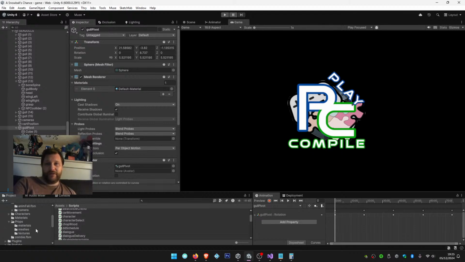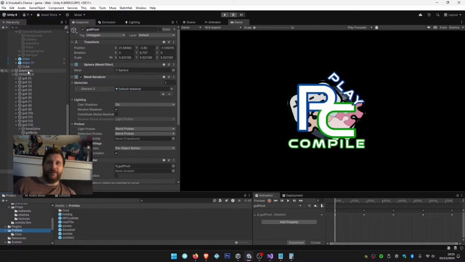So if a snowball hits it, it needs to fucking register. So in order to improve that, if I go into... shit, it's not a prefab. It's fine though, I can highlight them all and do it that way.